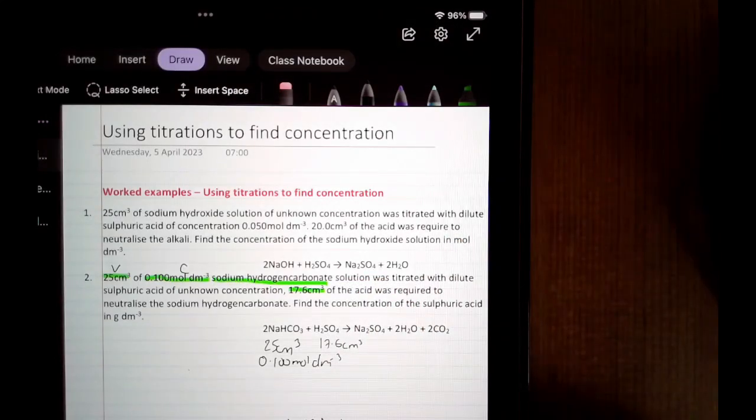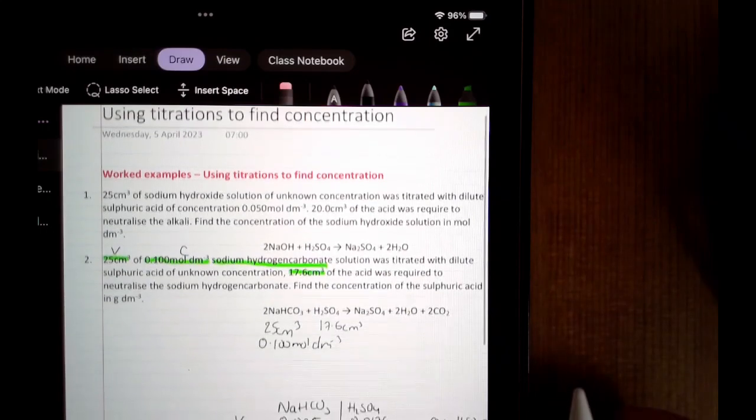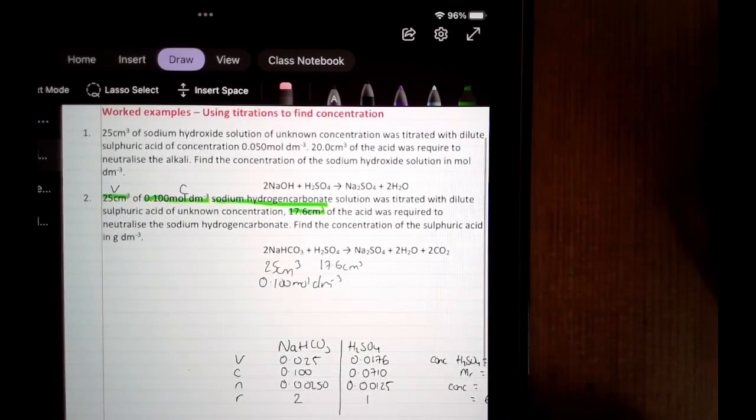To do the sum, I'm going to arrange this information in a table, which I have already filled out here. So I've taken the sodium hydrogen carbonate and the H2SO4, and down the side I've got volume, concentration, moles, and ratio. Before I inserted the volumes into the table, I converted from cm cubed to dm cubed by dividing by 1,000. So 25 divided by 1,000, 17.6 divided by 1,000.